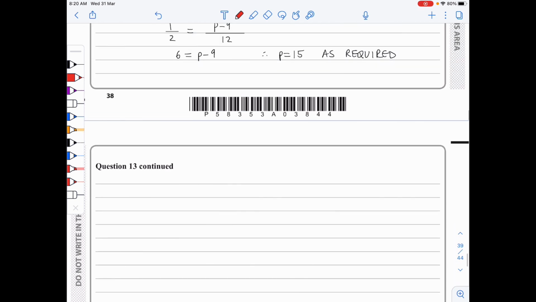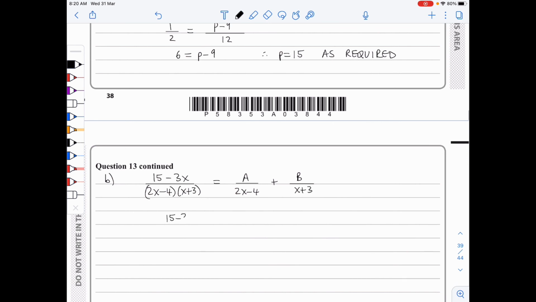But before we actually do that, we will need to split this down into partial fractions. So we start off by saying that 15 minus 3x over 2x minus 4 times x plus 3 is going to be a over 2x minus 4 plus b over x plus 3.